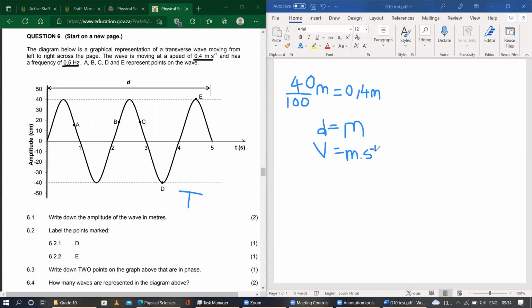That's the only situation where you can change it, if your teacher says write it like that. Let me just erase all of this.